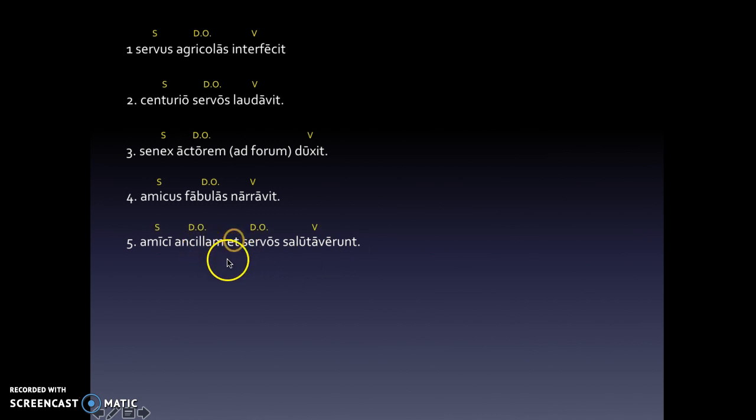It's connecting two direct objects. One is singular, the other's plural. Doesn't matter, they have the same function. That's what matters. They are the same because they are both direct objects. All right, so we've got a subject here. It's a plural subject, which makes sense because we got a plural verb. It's a perfect tense. The friends praised the slave girl and slaves.